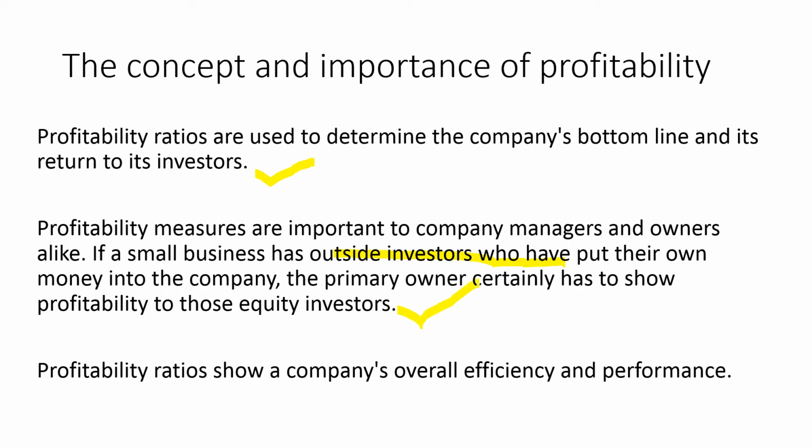If they don't, there's going to be a conflict between the investors and the owner, and it's very likely that the investors will take their money and invest it somewhere else. So a profitability ratio shows a company's overall efficiency and performance, and that's what makes it very important.